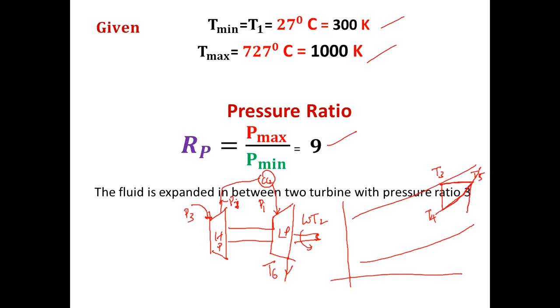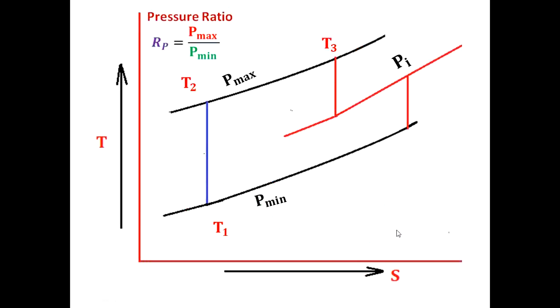You write like this, and then temperature will be dropped to T6, T5, T6. Therefore this is what we call the intermediate pressure, Pi, equal to the square root of P max into P minimum. These are the temperature and pressure that will be there in the TS diagram.